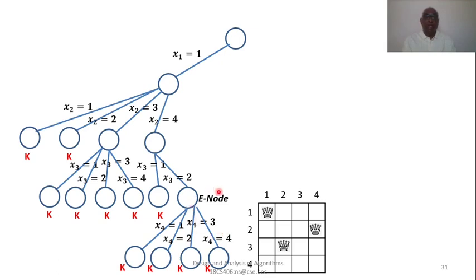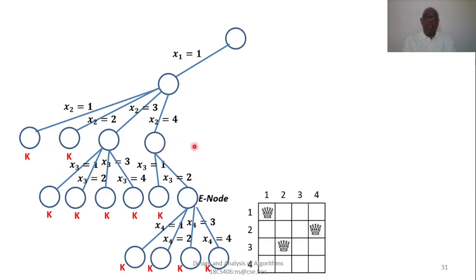So we see that all the possible values of x4 are exhausted. So it backtracks to the previous level, that is k equal to 3, and looks at other unexplored values of x3.